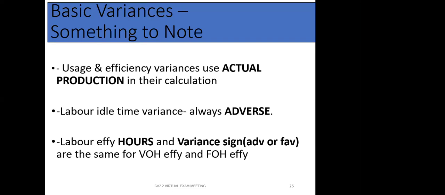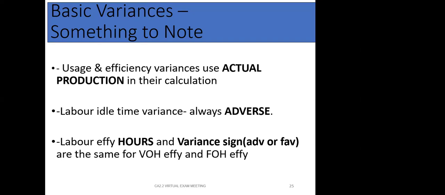In other words, as we will note when we look at the question, if you have calculated the labor efficiency variance correctly, that's in hours, then there is no need for you to calculate again the variable overhead efficiency hours. There's no need to calculate the fixed overhead efficiency hours because they'll be the same.